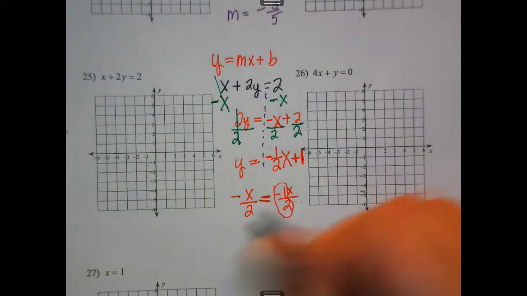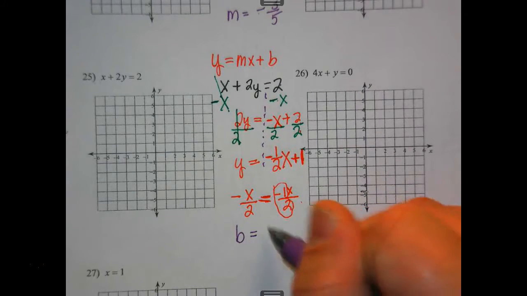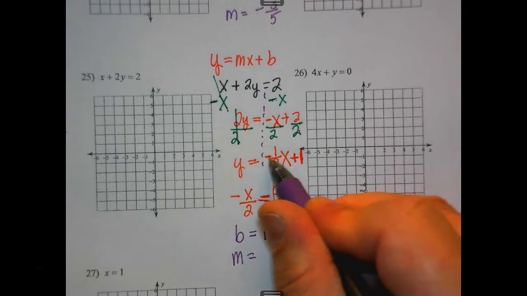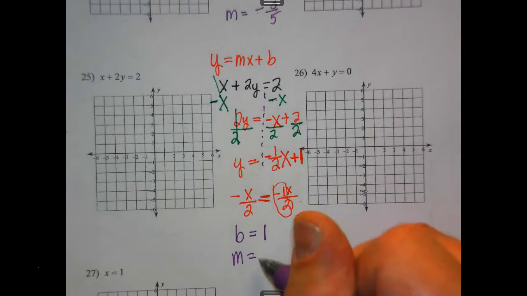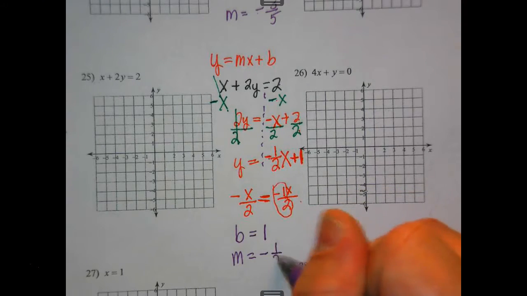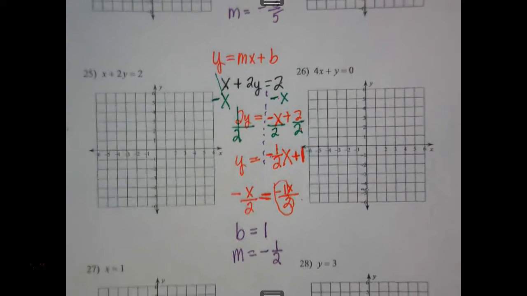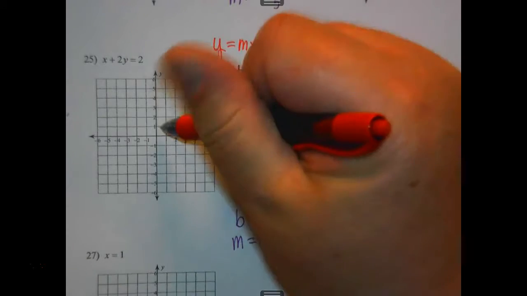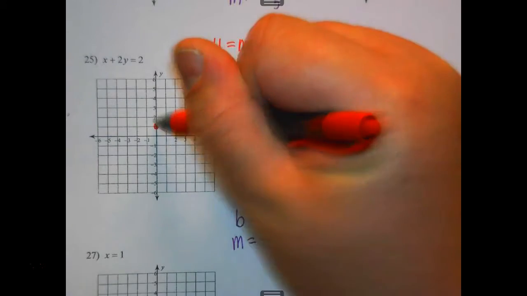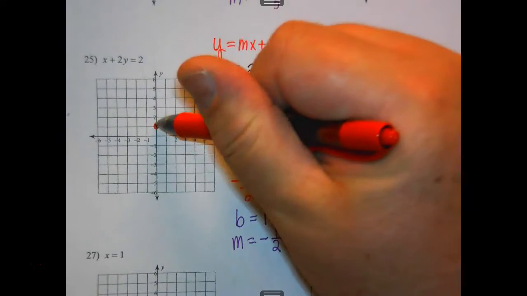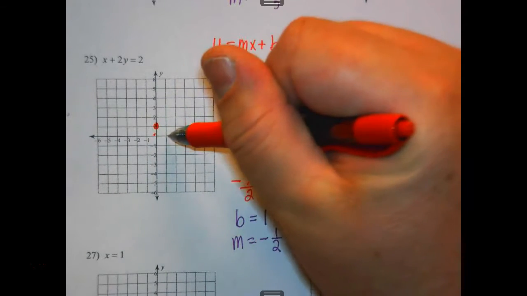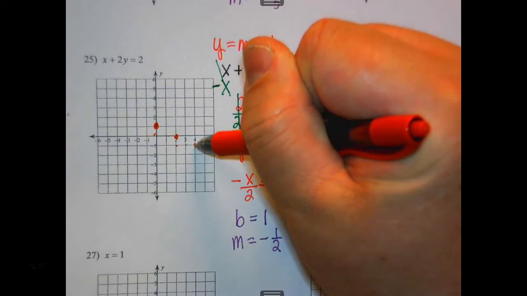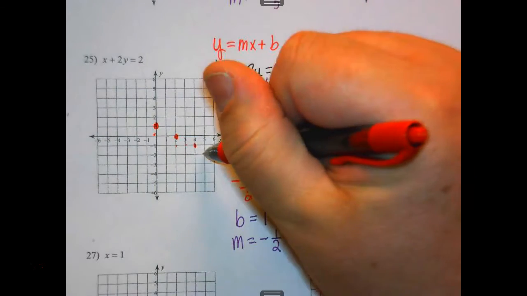So my y-intercept is 1, good. My slope, negative 1/2. Okay, b is 1. I'm going to put that negative sign with the 1, down 1 over 2, down 1 over 2. I can even get one more in there.